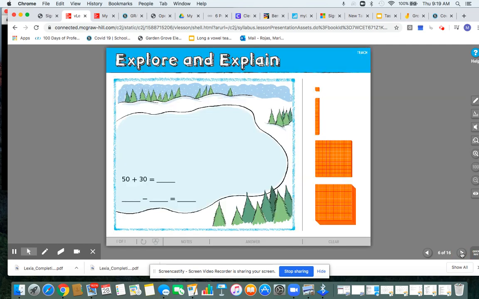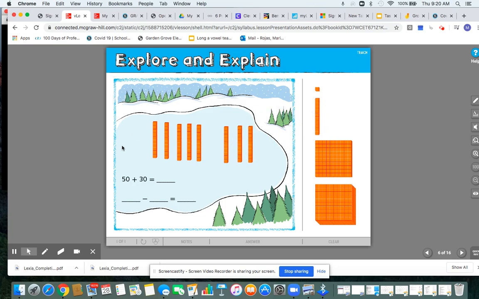So let's see here. I'm going to show you here. I have 10, 20, 30, 40, and 50. So I have 5 10s. I have 50 total, and then I'm going to put plus 30. 1, 10, 20, 30.